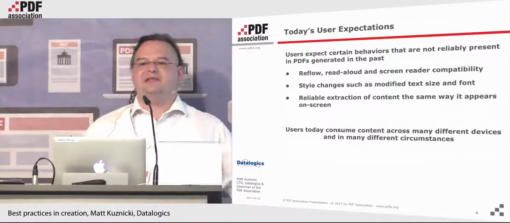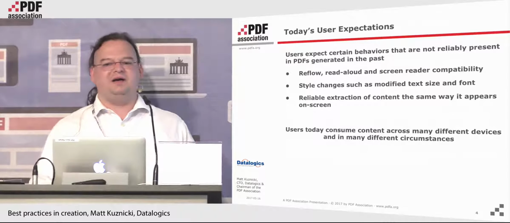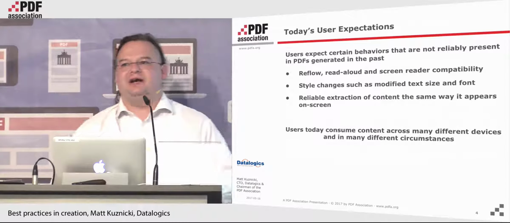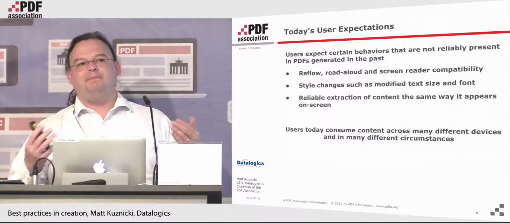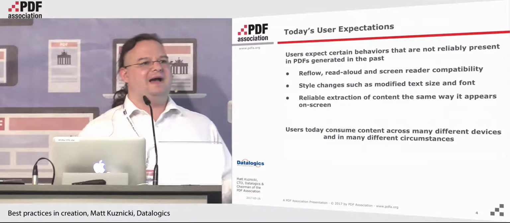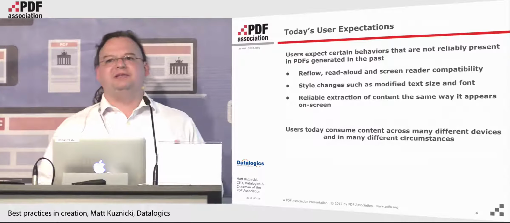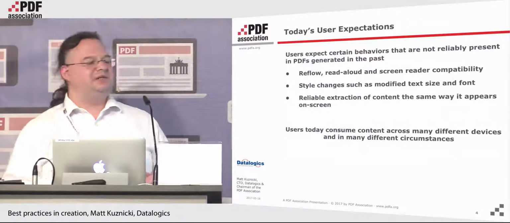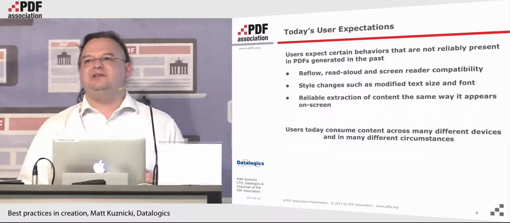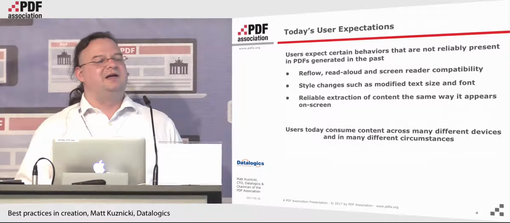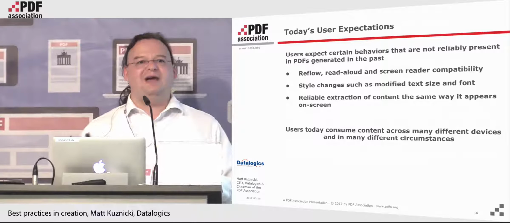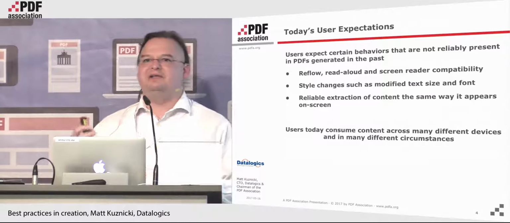Now, what's interesting is that the definition of the same way has changed over time. We've perhaps been conditioned to think of the same way as appears exactly the same, whereas today's users have been bringing an expectation that it is the same information, but the conveyance may not be exactly the same.